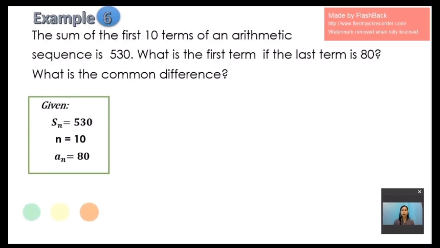So we are asked to find the first term and the common difference.